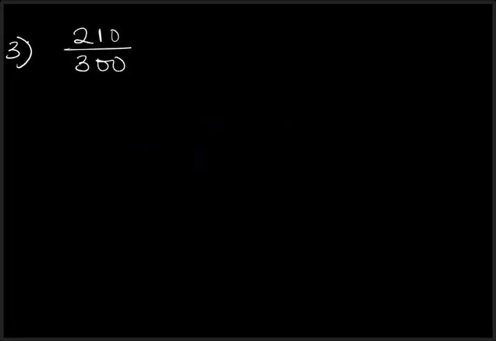Okay, we move further. The next one, 210 all over 300. Now, when you have a fraction where the numerator and the denominator end with 0, it means 10 can divide them. If 10 is dividing, the simplest thing to do is just to cancel these zeros.